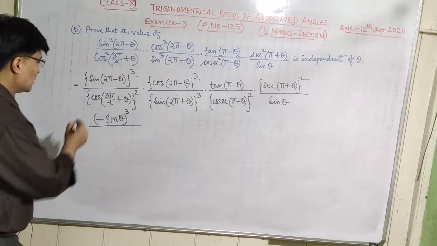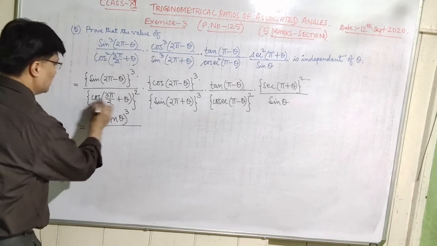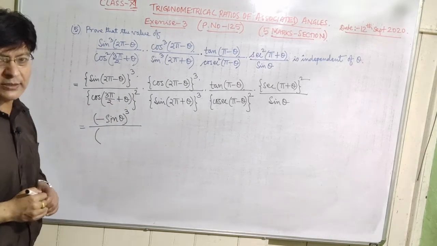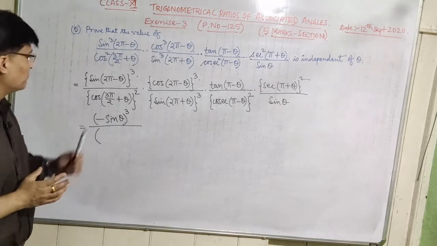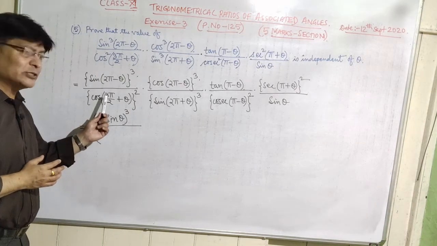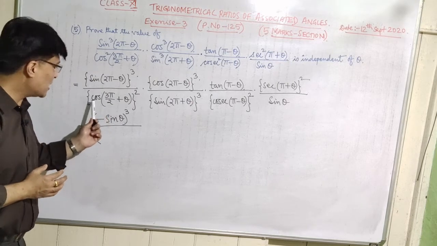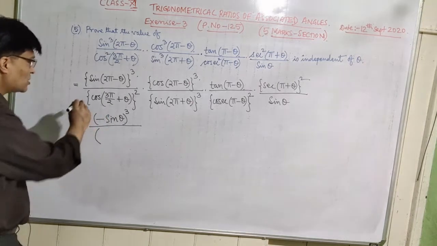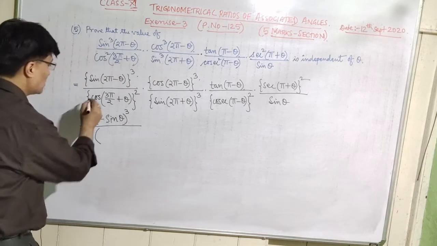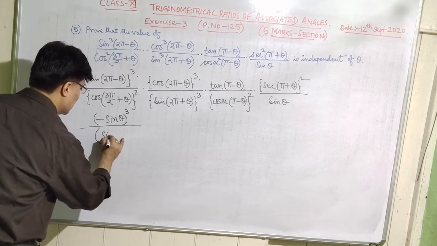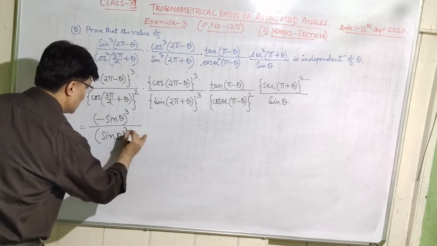And in the fourth quadrant, cos is always positive, so usually we don't write the positive sign. Since this is 270, that is 90 into 3, an odd multiple, cos changes to sine. So it is sine theta whole square.